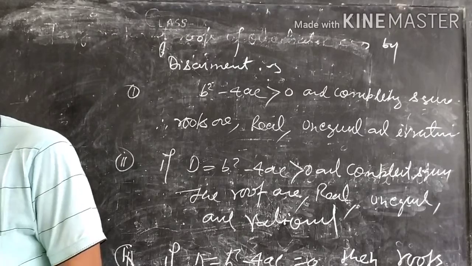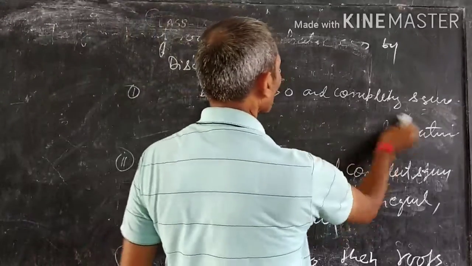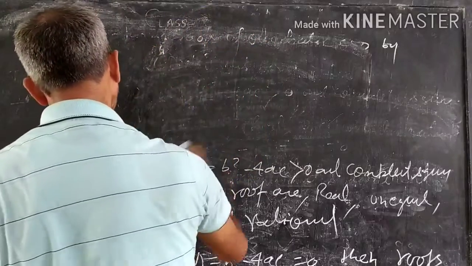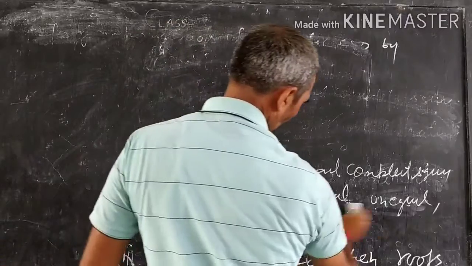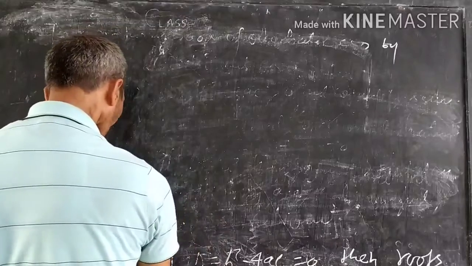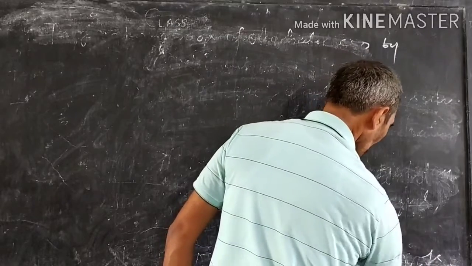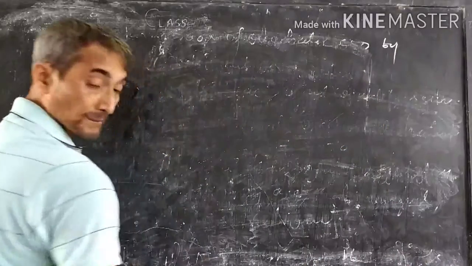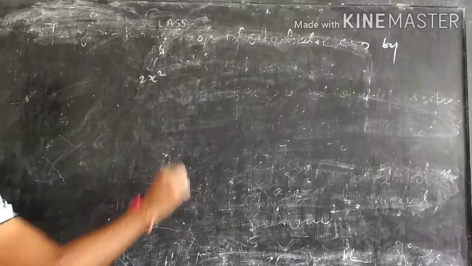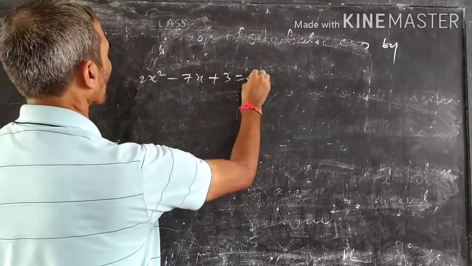by applying the quadratic formula. Now come. By quadratic formula, suppose that question number 1 is 2x square minus 7x plus 3 equal to 0.